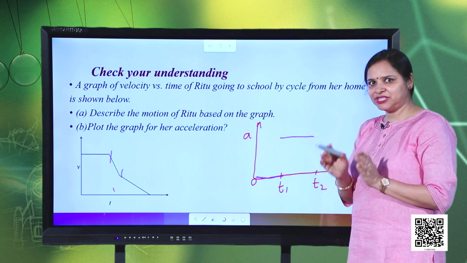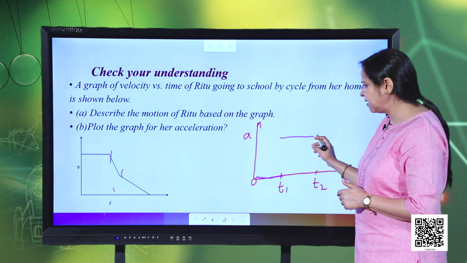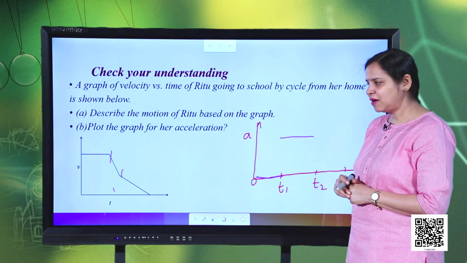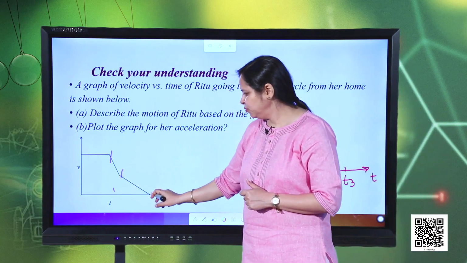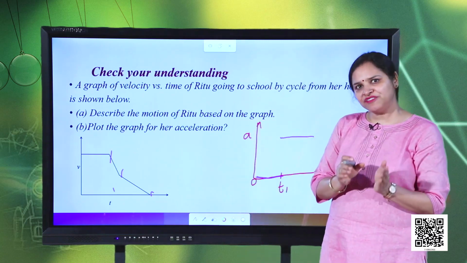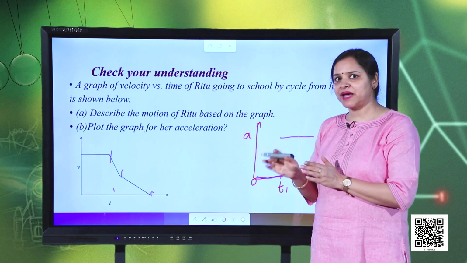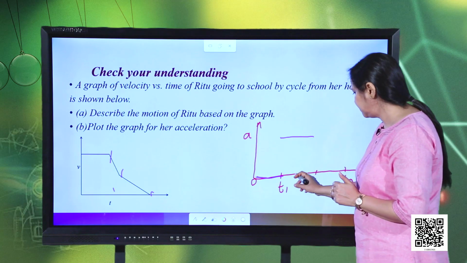Again, acceleration is constant, so it has to be a line parallel to the time axis. Now, let us talk about the final time interval from t2 to t3. Again, it is a constant acceleration, so again the graph needs to be parallel to the time axis.